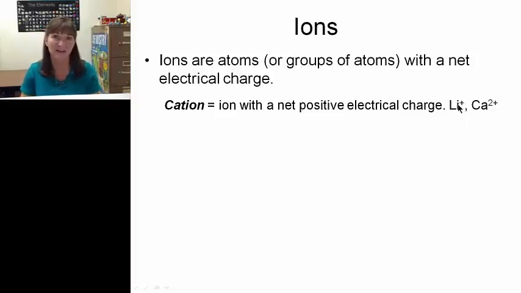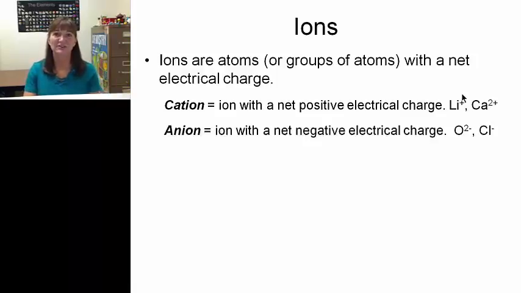But when using the software to enter your homework, never use the 1 for either a +1 or a -1. If the charge is more than 1, put the number before the charge. Okay, so cations have a positive charge, and anions are ions with a negative charge.